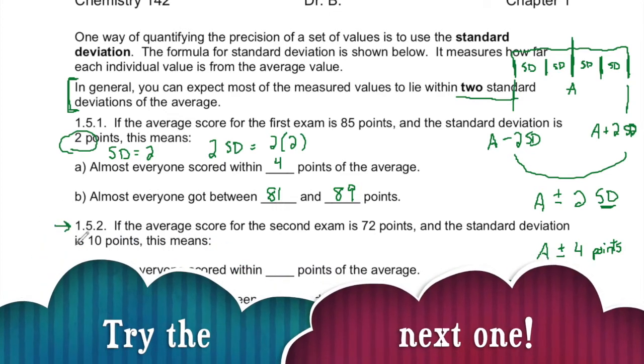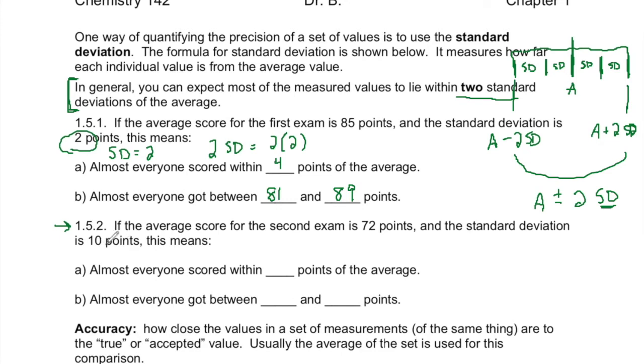We have a second scenario here. We have a wider spread of data. We have a standard deviation of 10 points. So that means 2 times the standard deviation is 2 times 10 points, which equals 20. So we have everyone scoring within 20 points of the average.